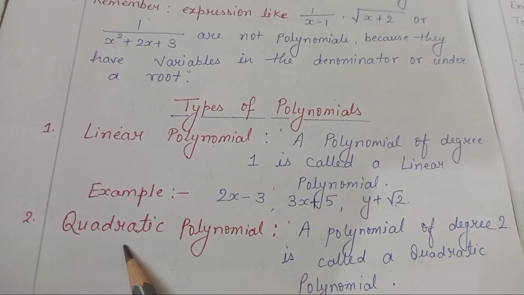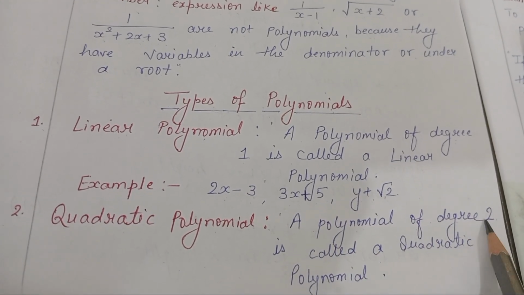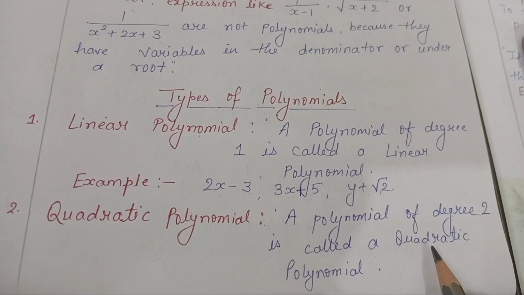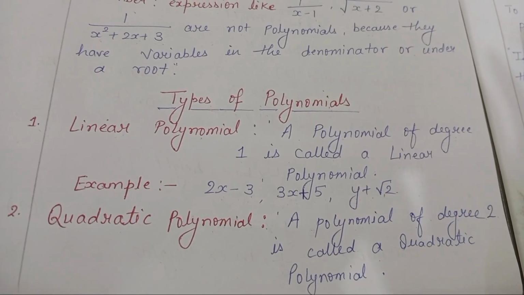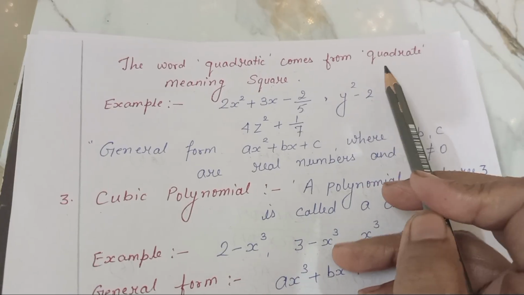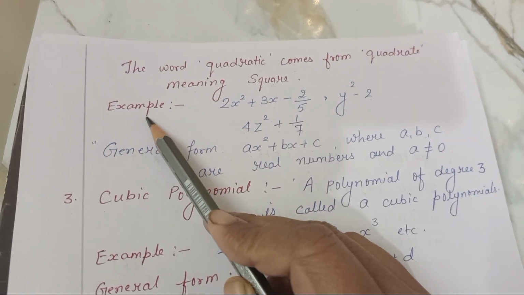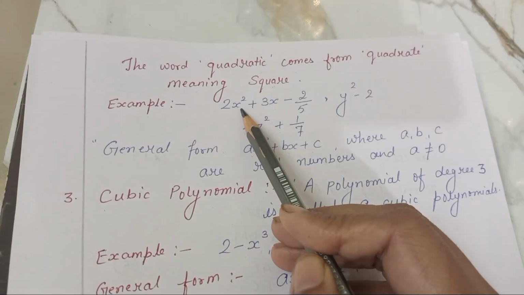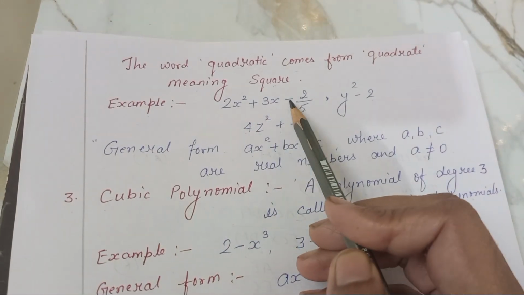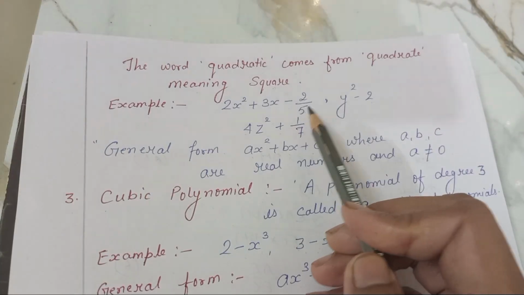Second one, quadratic polynomial. A polynomial of degree 2 is called a quadratic polynomial. The word quadratic comes from quadrat, meaning square. Example, 2x square plus 3x minus 2 upon 5.